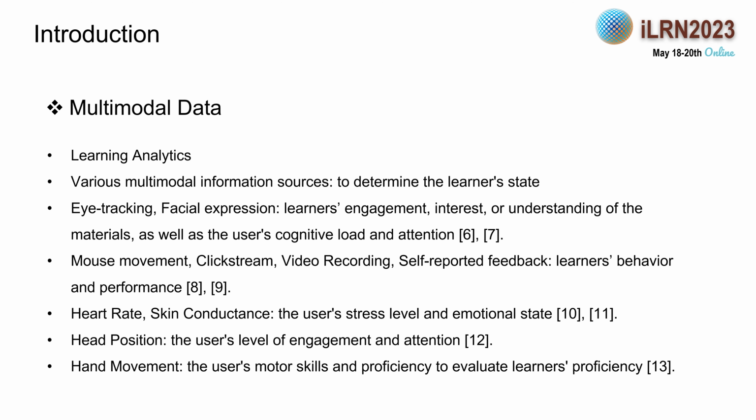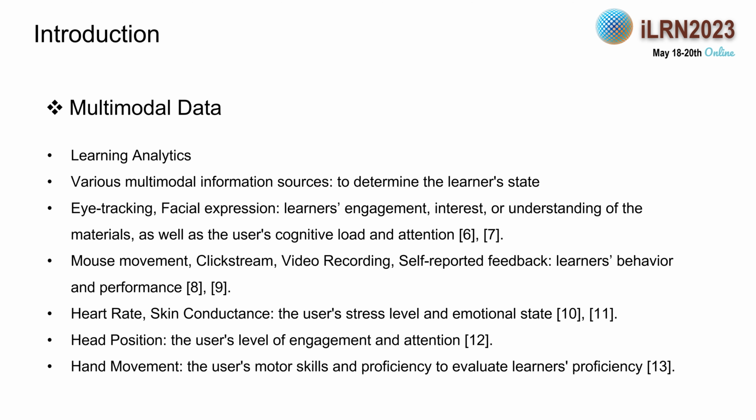Physiological data such as heart rate and skin conductance can be used to evaluate learners' stress level and emotional state. Head position data can also be used to identify users' level of engagement and attention. And hand movement data can be used to evaluate the user's motor skills and proficiency, for example learners' proficiency in surgical procedures.